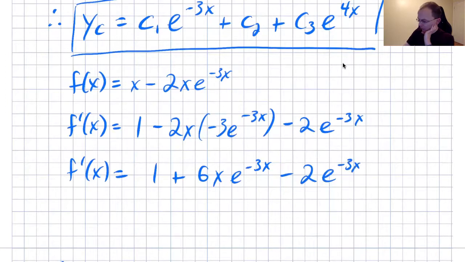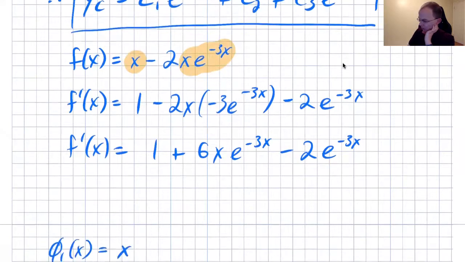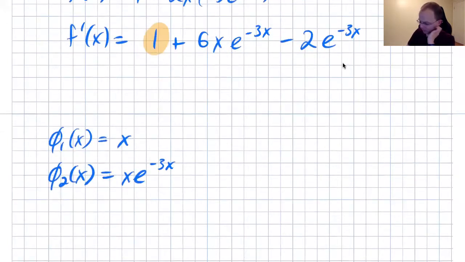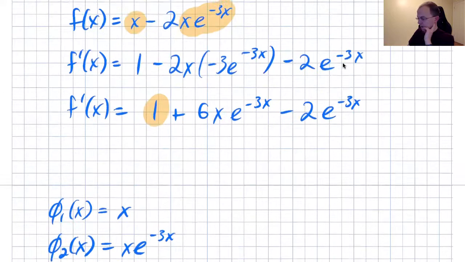Okay, so let me start highlighting some terms that I'm noticing here. So first of all, we have x, and then we have x e to the negative 3x. So those are two terms that are appearing. This is a new term, 1. We haven't seen that yet, so we need to add that in. So let's write that in here: 1.